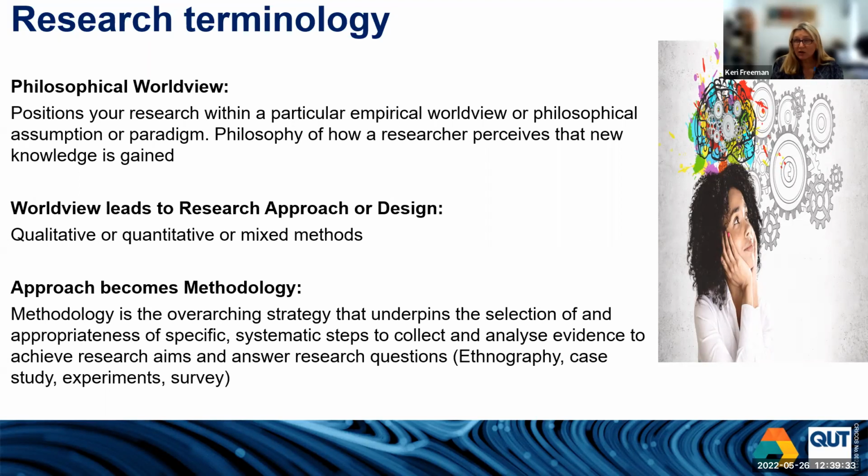So the methodology is the overarching strategy that then underpins the steps that you're going to use to collect and analyze the data. And everything needs to connect clearly and justifiably and appropriately to your research aims and your research questions, of course, as well. All right, so a little bit to take in there, but there's some examples there of methodologies. Okay, so get your head around that.